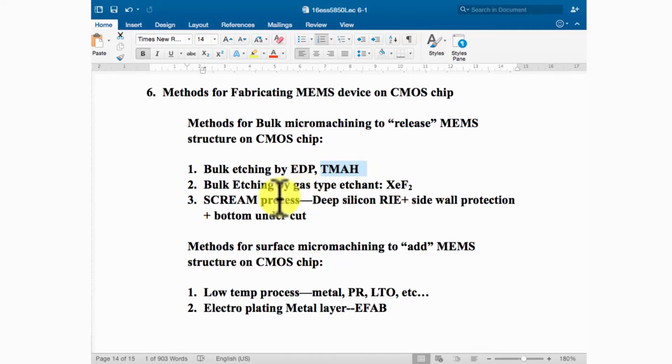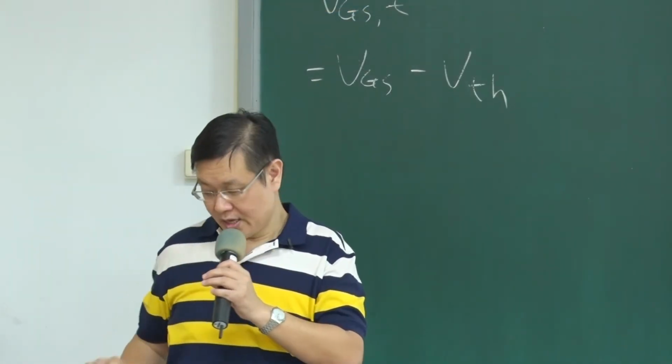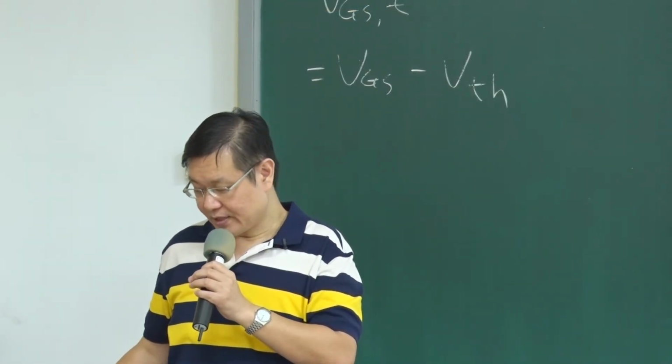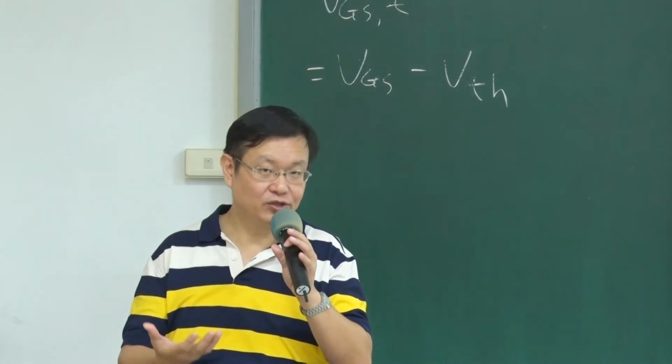And another one, those are wet chemical etching. You can also consider gas-phase etching, using xenon difluoride. For EDP and TMAH, they give you bulk machining, giving a structure according to the crystal orientation of a single silicon crystal structure. However, xenon difluoride is like an isotropic etching.